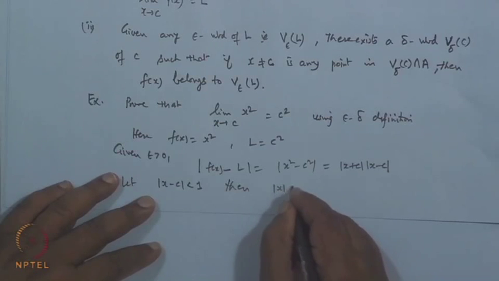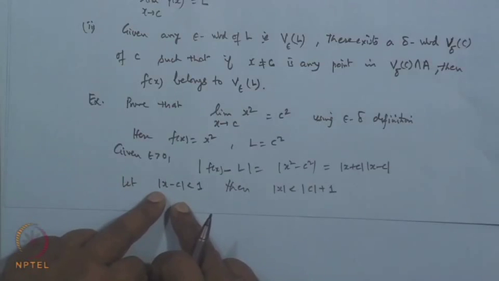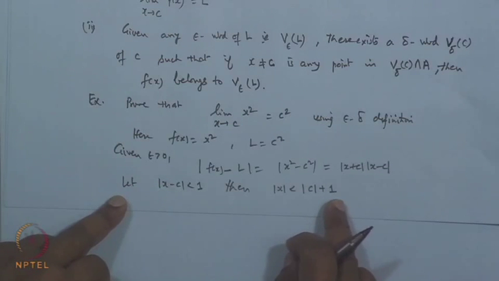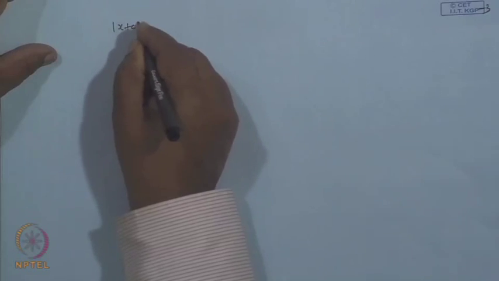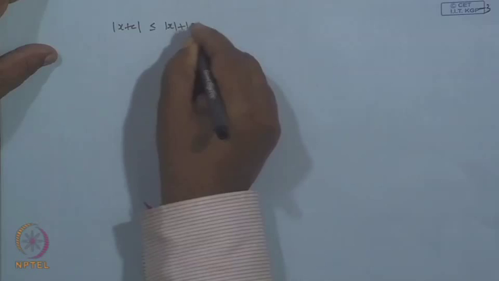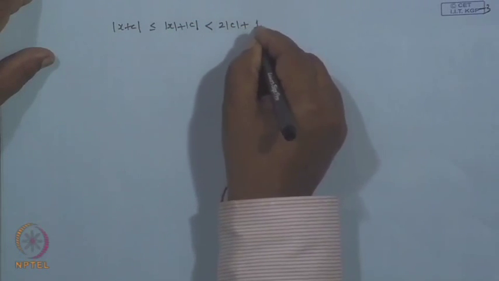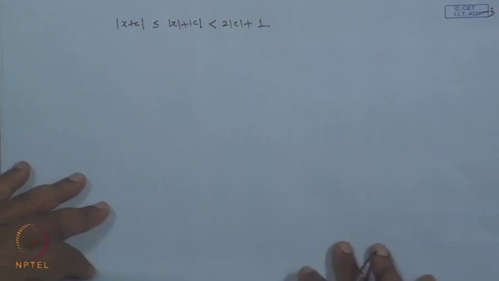Because mod x minus c is less than 1, mod x is greater than or equal to mod c minus 1, and mod x will be less than mod c plus 1. Therefore, mod x plus c is less than or equal to mod x plus mod c, but mod x is less than mod c plus 1. So it is less than 2 times mod c plus 1. This we get by manipulation, so that we can get the bound for it.